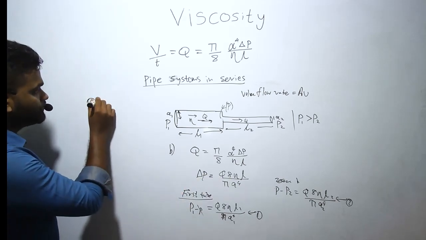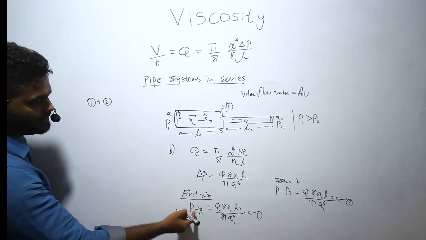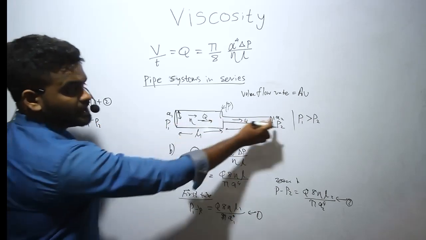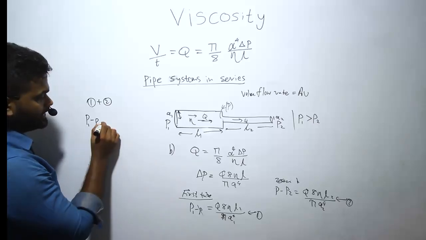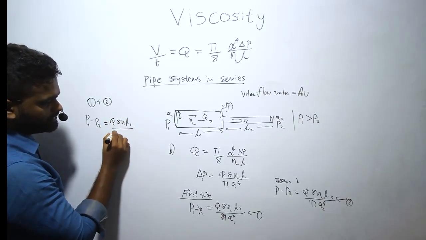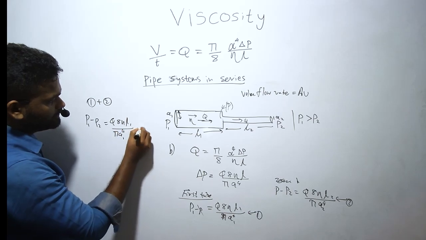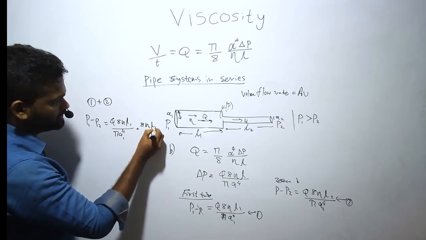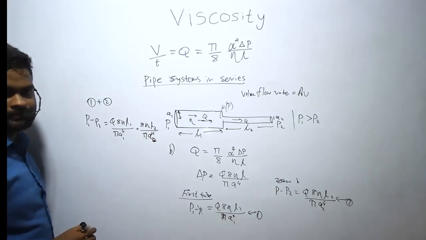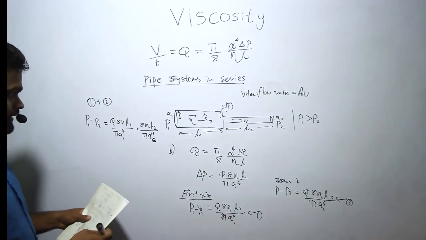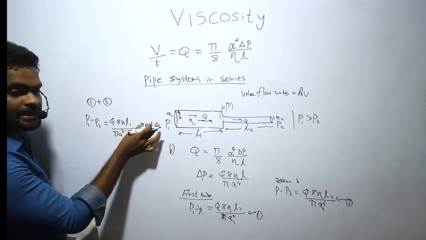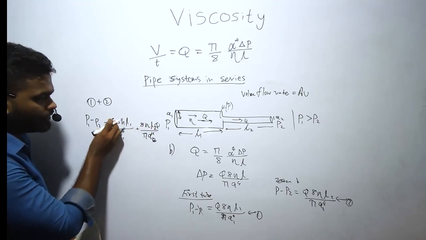So 1 plus 2, P and minus P cancel off. Then what do we get? P1 minus P2 equals Q 8 eta L1 divided by pi A1 to the power 4, plus 8 eta L2 divided by pi A2 to the power 4. Then you just have to subject Q. All the other values are given.